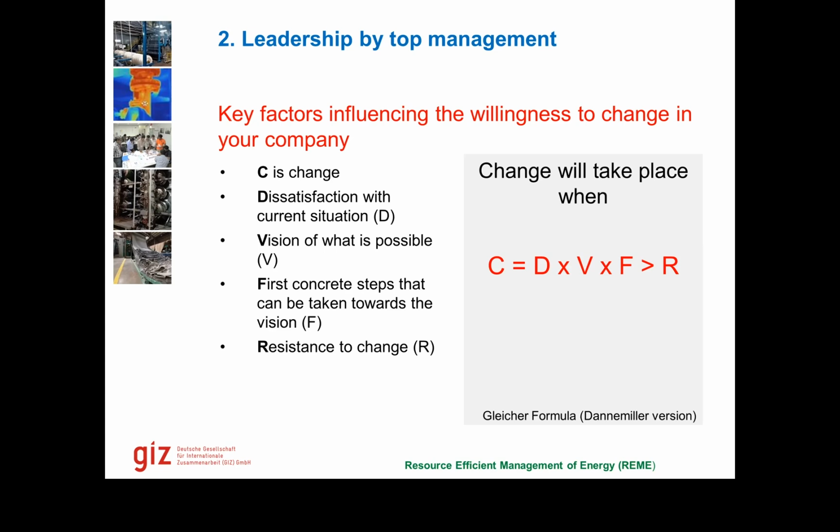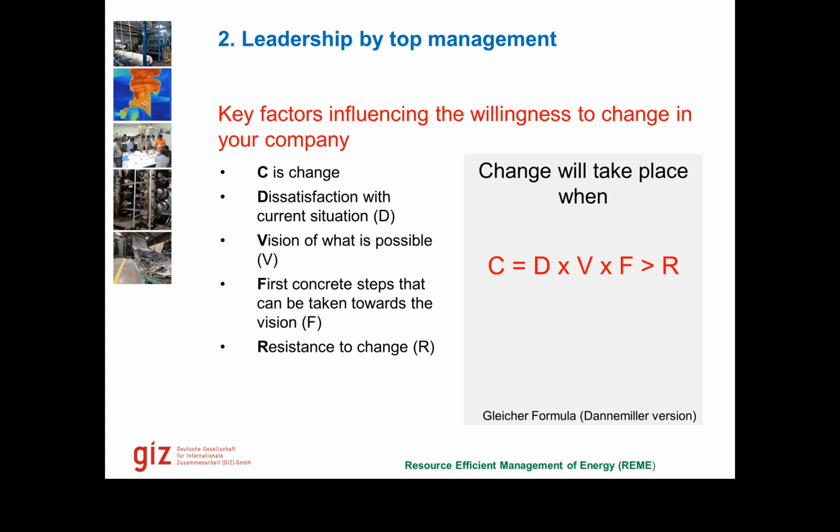But if resistance is bigger and these factors are not big enough, if we are not dissatisfied enough, or if we don't have a clear vision in mind, or if we are not moving in the right direction, taking first steps, then the change will never occur. So understanding where the company is lacking at that time: is it dissatisfaction that they're lacking in, or they are not sure what to achieve, what targets to take, or what steps they can take?